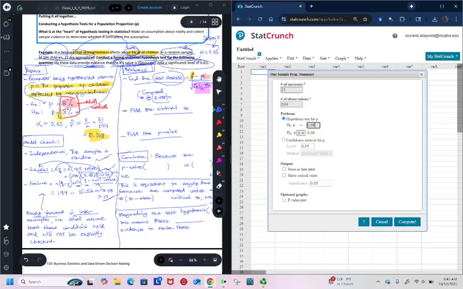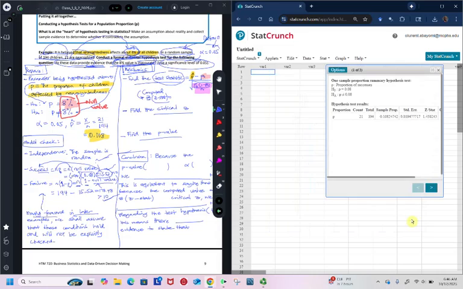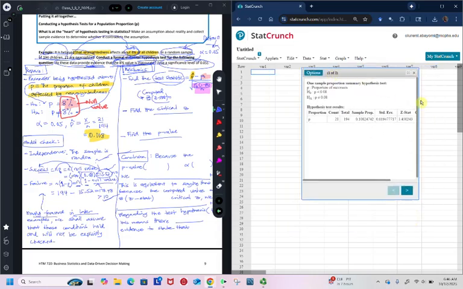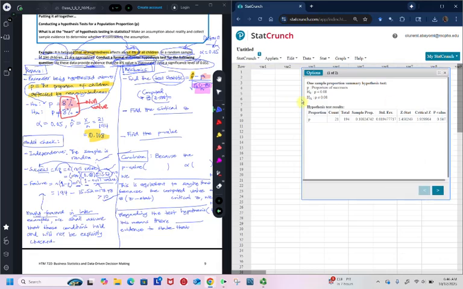Then what is the nature of the alternative? Not equal to. Make sure you choose not equal intentionally. And then the next step is show the critical value. I'd like to see that. You don't need to store in a data table. If you want an optional graph, which is the p-value plot, you're welcome to do that, and click on compute. On the first page of the returned output, I can zoom in a little bit here.